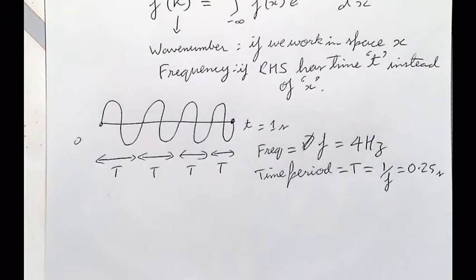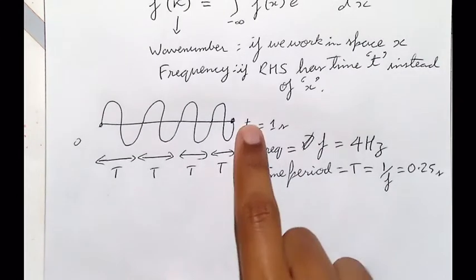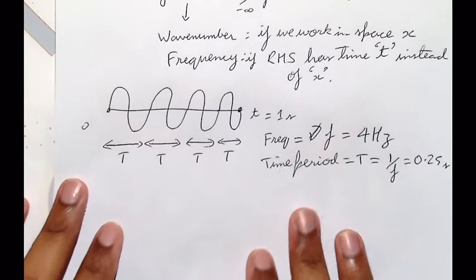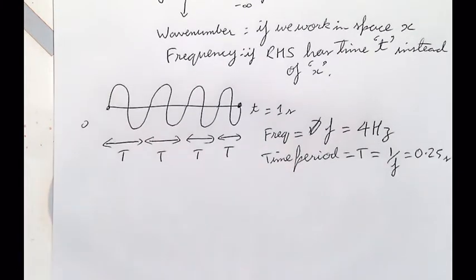In space, nothing changes. T becomes x, capital T becomes lambda, wavelength, and frequency becomes wave number.